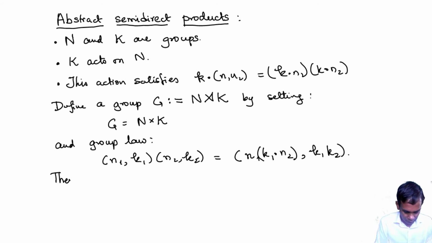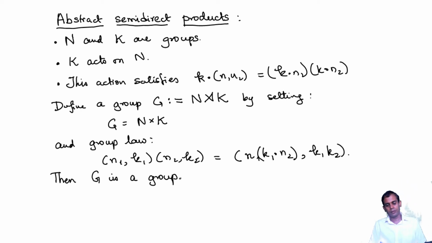Then it is easy to check that this group law makes G a group. So you can easily check associativity, identity, and inverse.